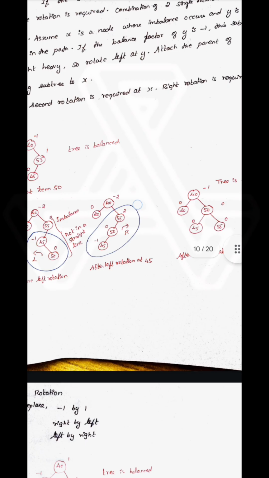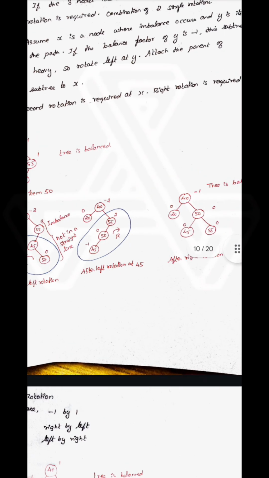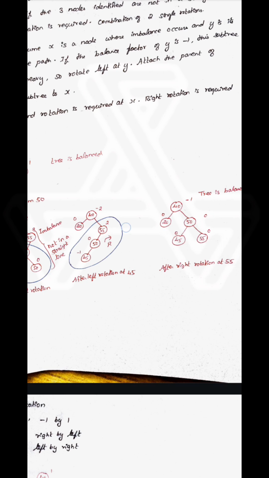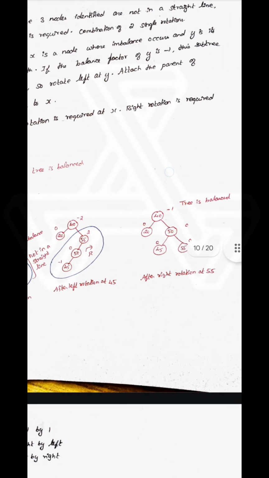After left rotation, 45 goes down, 50 comes up. Then we should do right rotation so that 50 comes up and 55 goes down. This is how we have to maintain the structure.